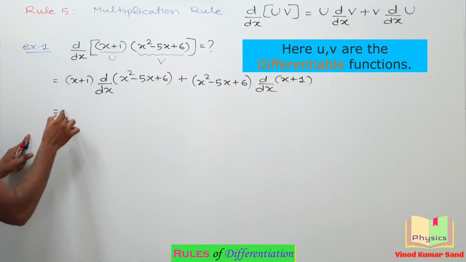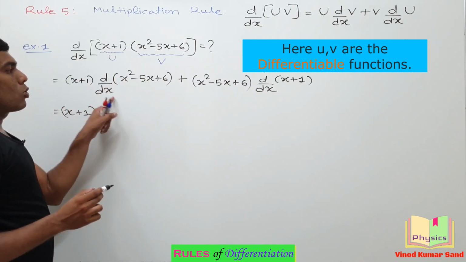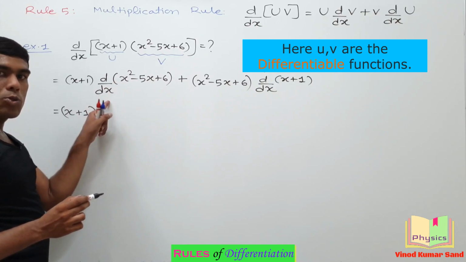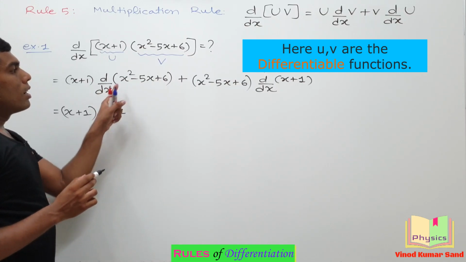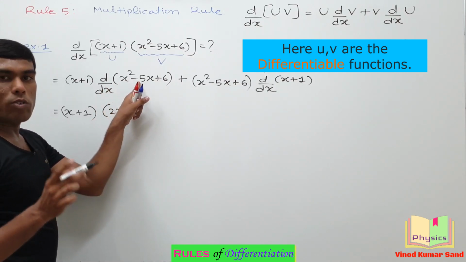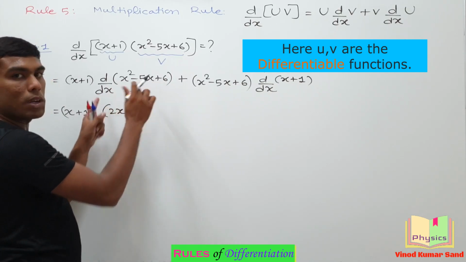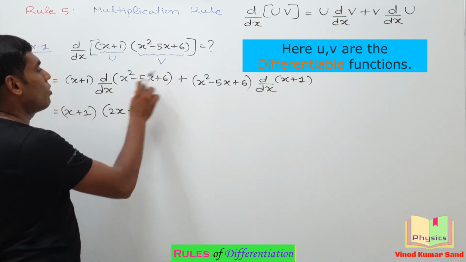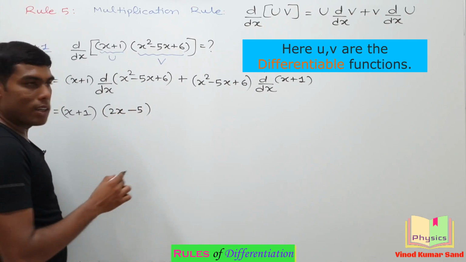Now operating the remaining calculation, d by dx of x square. Do you remember the direct answer? Differentiation of x square was 2x. D by dx of minus 5x, minus 5 will come outside and differentiation of x will become 1 and differentiation of this 6 will be 0. No need of writing that.